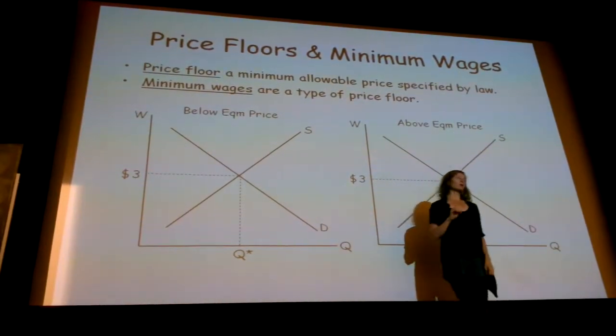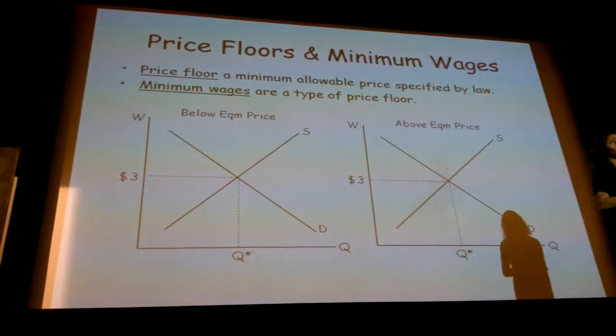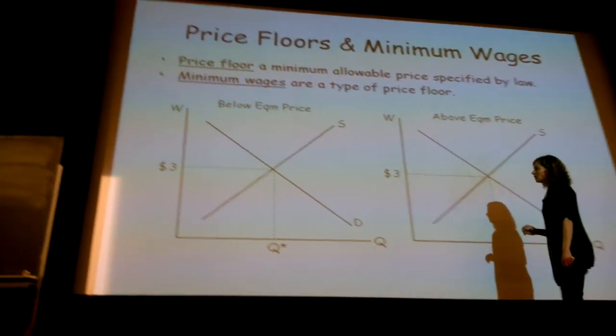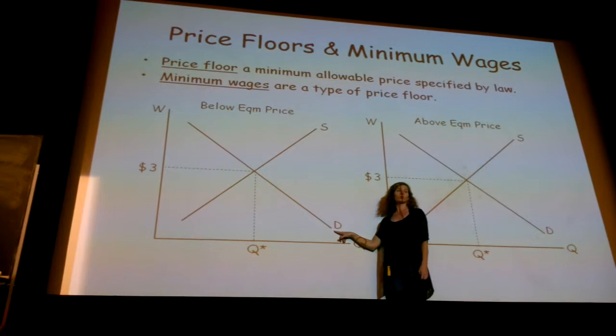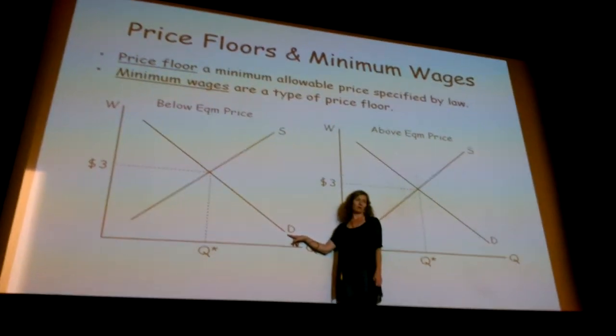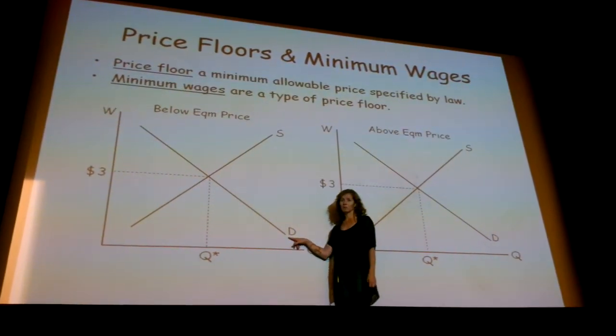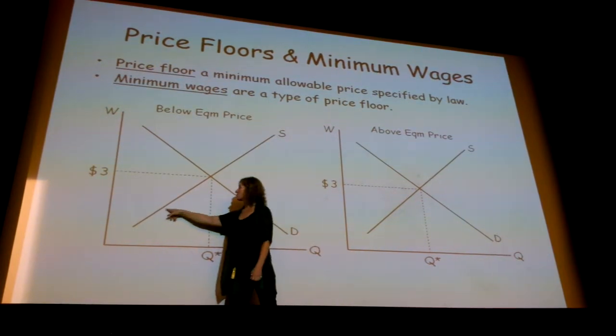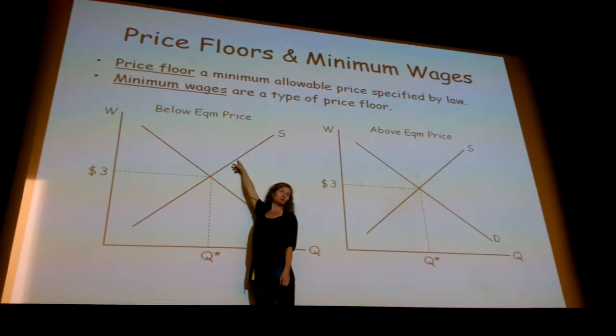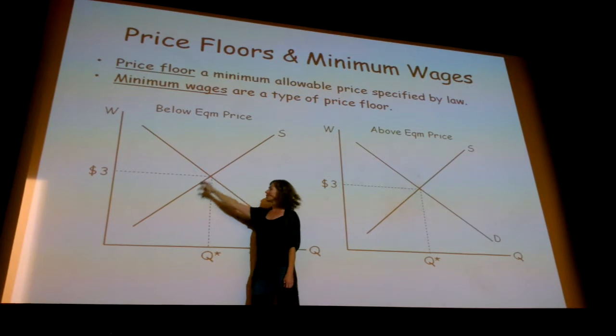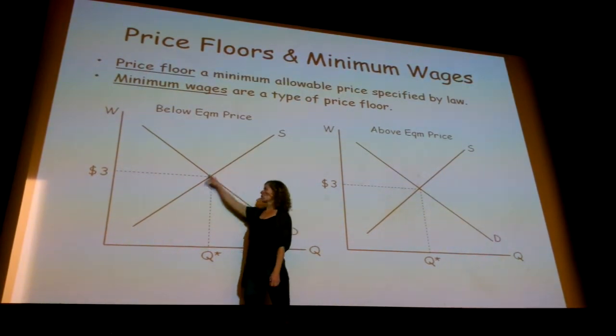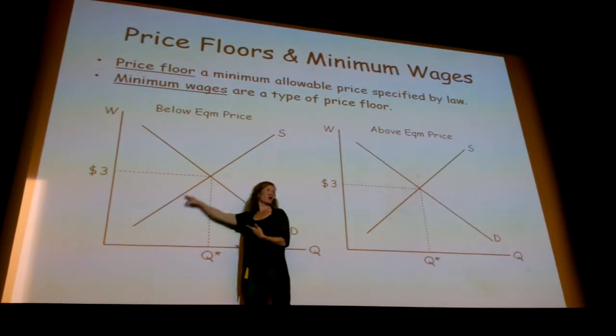Now, what makes this market really different from the other markets we've talked about is that it's the firms who are doing the demanding. The firms are demanding the labor, and individuals or consumers are supplying the labor. So this supply curve is sort of like your supply curve and my supply curve, our labor supply curves.